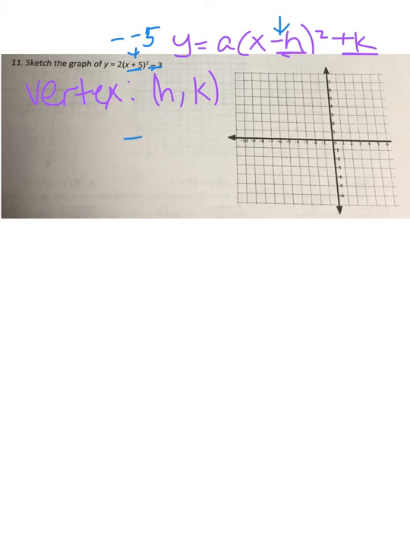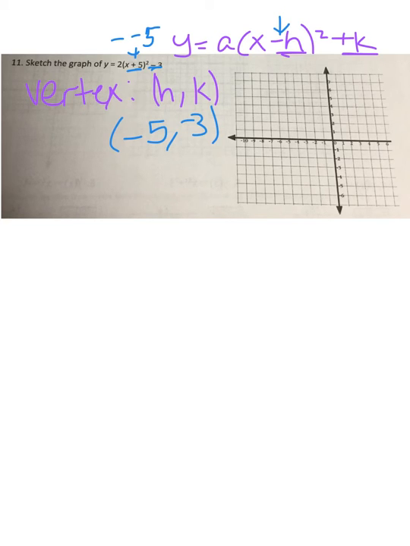So my actual vertex is -5, comma, -3. The common mistake is they'll take that 5 and that h value and keep the sign. Remember, your x lies to you, so you always have to think opposite. So if it's a +5, when I write my vertex, it's a -5.